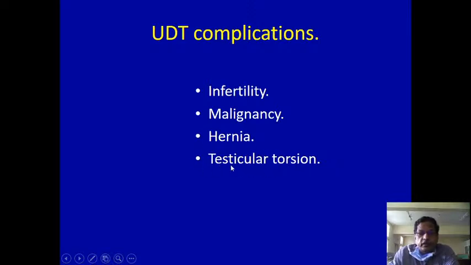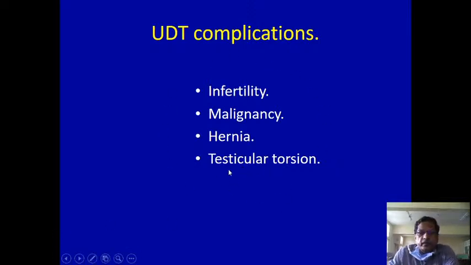That condition occurs more likely in the undescended testis. Again, this is because a normally descended testis at the bottom of the scrotum is well fixed. It's unlikely to have a torsion. But because here there is developmental abnormality, abnormal fixation occurs, and testicular torsion is more likely to occur.